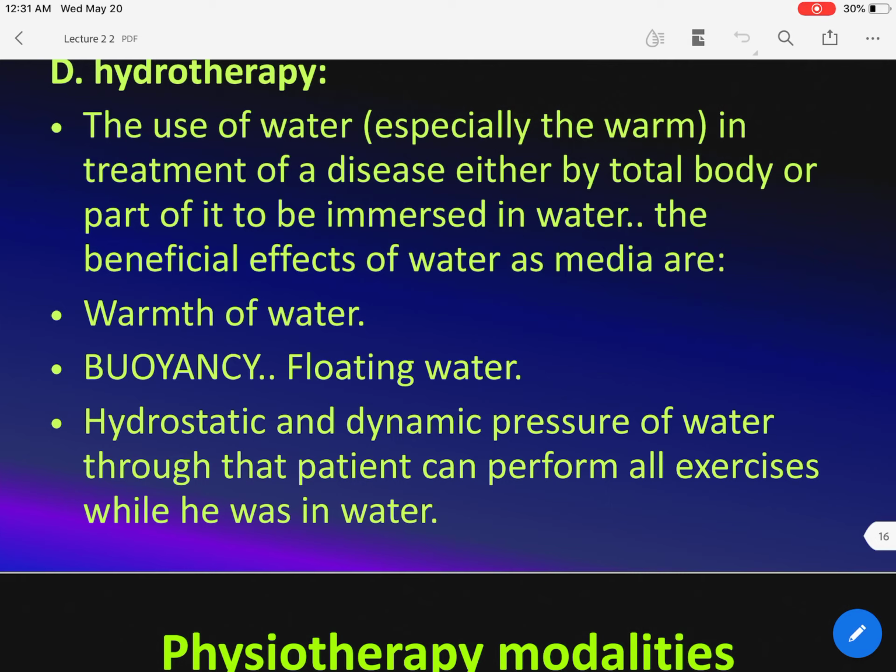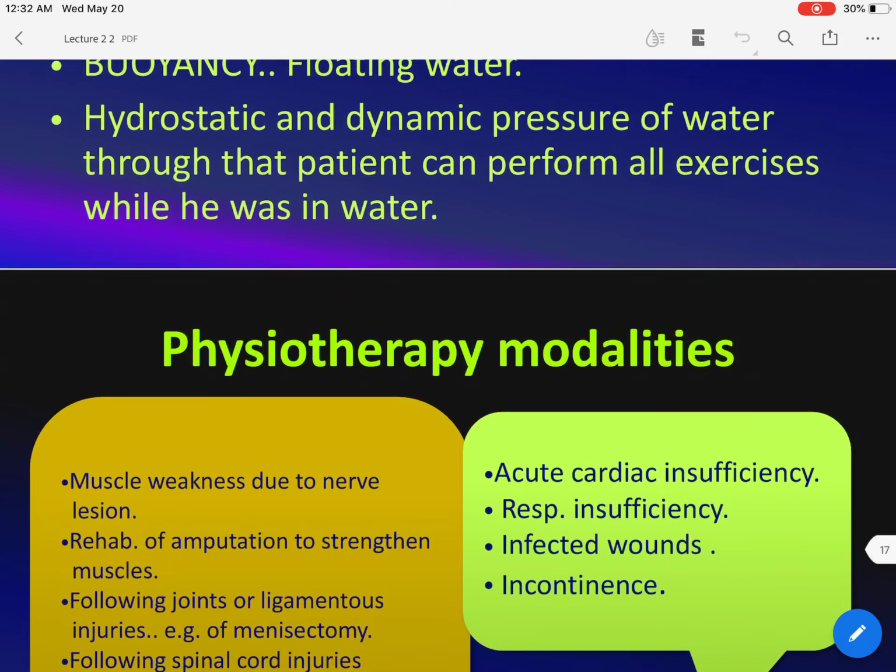It is the use of water, especially warm, in the treatment of disease, either with the total body or part of it immersed in water. The beneficial effects of water as a medium are warmth, buoyancy, floating, and hydrostatic and dynamic pressure of water, through which the patient can perform all exercises while in water. There are also psychological and physical effects of hydrotherapy.